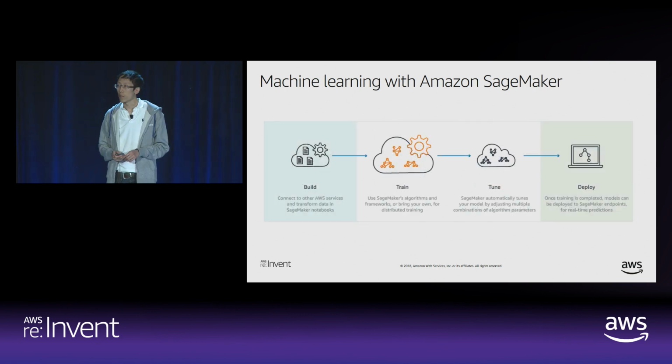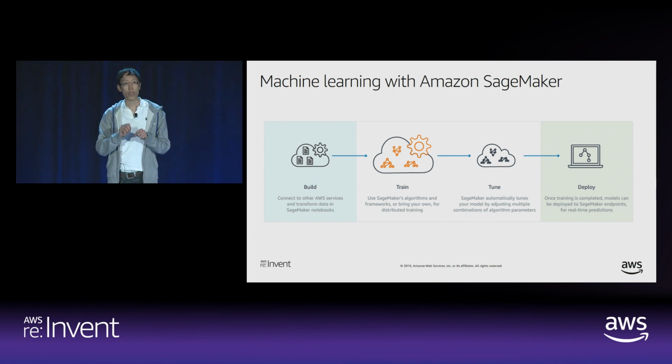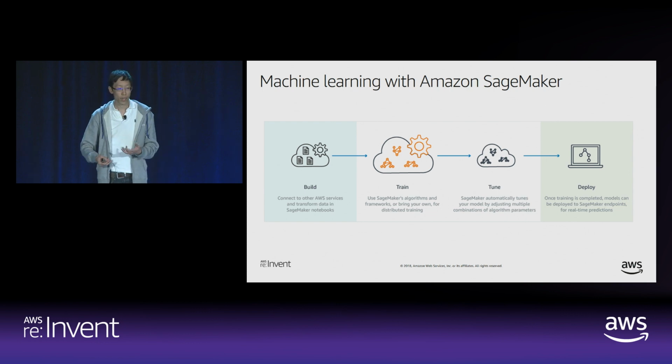So this is the process of SageMaker. We start from the build. The build step is where we build and write the code inside the Jupyter notebooks. That is the IDE where you can write the code, try to compile the code and build some model, testing on that.